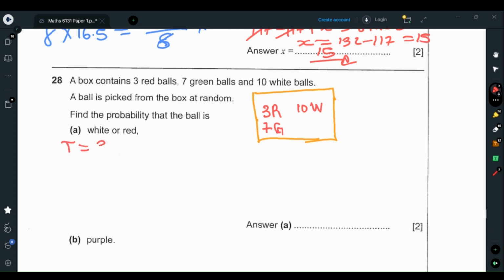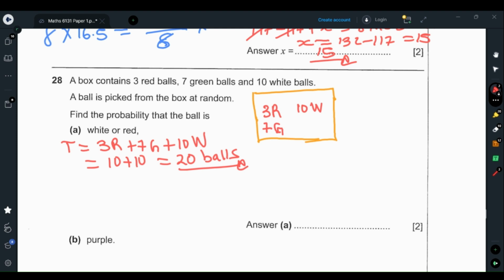The total balls in the box are 3 red balls plus 7 green balls plus 10 white balls. 3 plus 7 plus 10, that is 10 plus 10 gives me 20 balls in total.